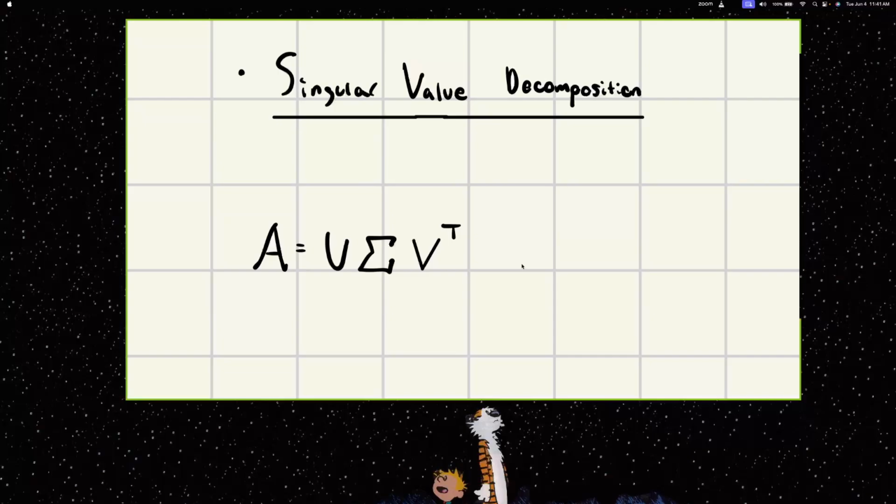And then we have the null space of some matrix A, which would be the set of all vectors such that Ax is 0. And then we'd have the column space of A, which would be a set of vectors such that A transpose y is non-zero. And then we have the left null space of A, which would be the set of all vectors y such that A transpose y is equal to 0.